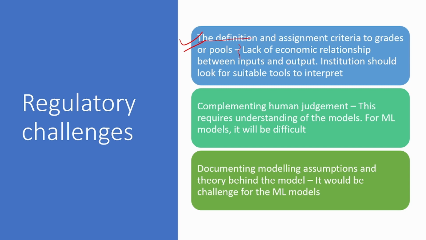In my view, it is not an issue in some of the machine learning models, but it may be an issue. For example, if you build a PD model using a deep neural network with multiple layers, it's difficult to actually find a proper economic relationship in such a model. But you can do that outside of the model also. That's not something discussed in this paper. I was a bit surprised.